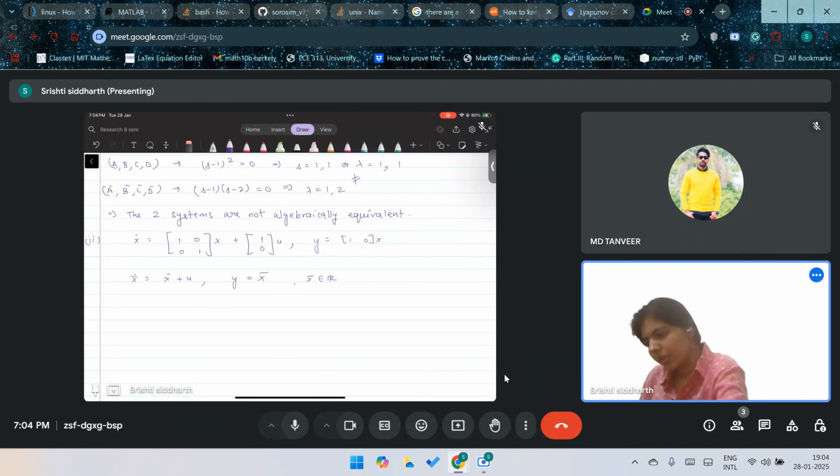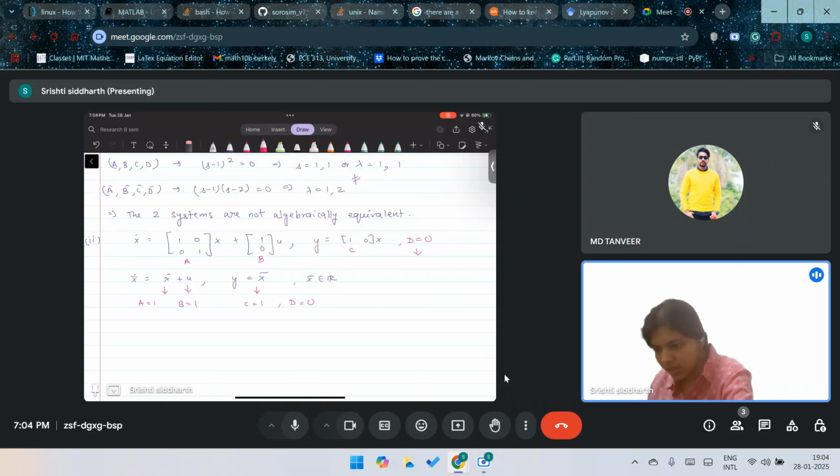Okay, so let's say this is the matrix A, B, C, and D is 0. And then what about here? We have A equals 1, a scalar, B is 1, and C is also 1. D is 0.